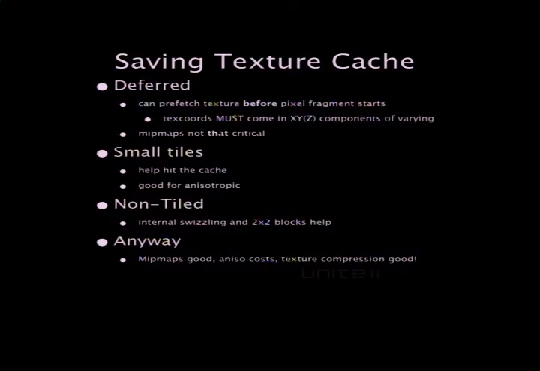It goes back and forth, but the only interesting thing here is that SGX is quite smart about prefetching textures. So in many cases, it can prefetch the texture values before they even come into the pixel shader.